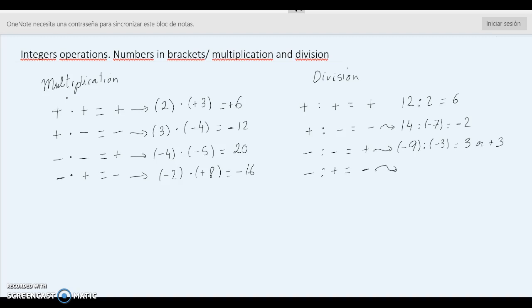In all the positive numbers it is the same, writing the plus or not writing it. And finally, minus 25 divided by positive 5. This is minus 5.